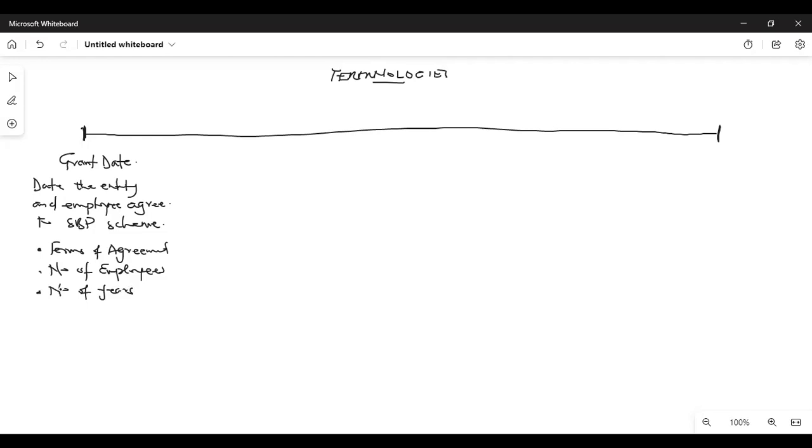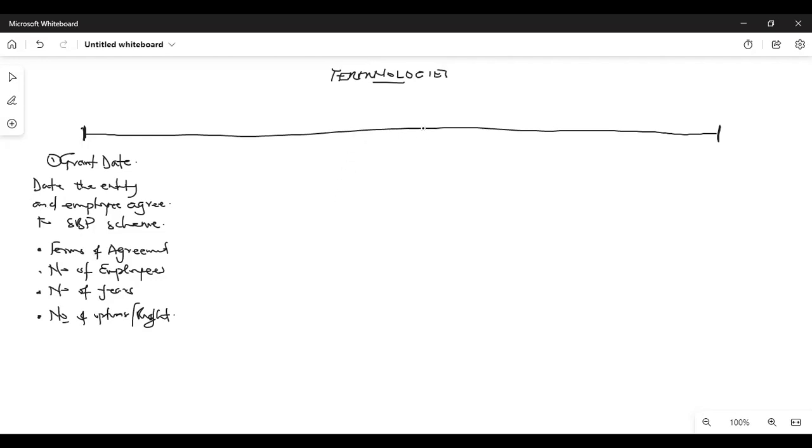And number 4 here, we are talking about the number of options or rights, the share options. The number of share options or rights that the employee will have. What will be the rights that you have? That is the first terminology. You have to understand the grant date, and it is the date you make the agreement.